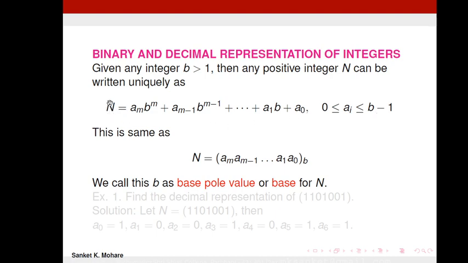Any positive integer can be represented in this form, the same as n equals am up to a1 a naught to the base b. We call this b the base for positive integer n. Let's have an example.